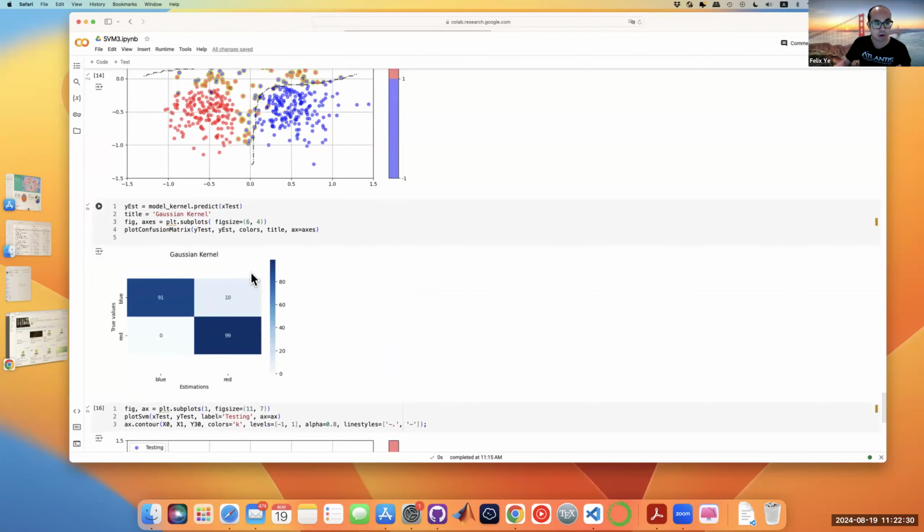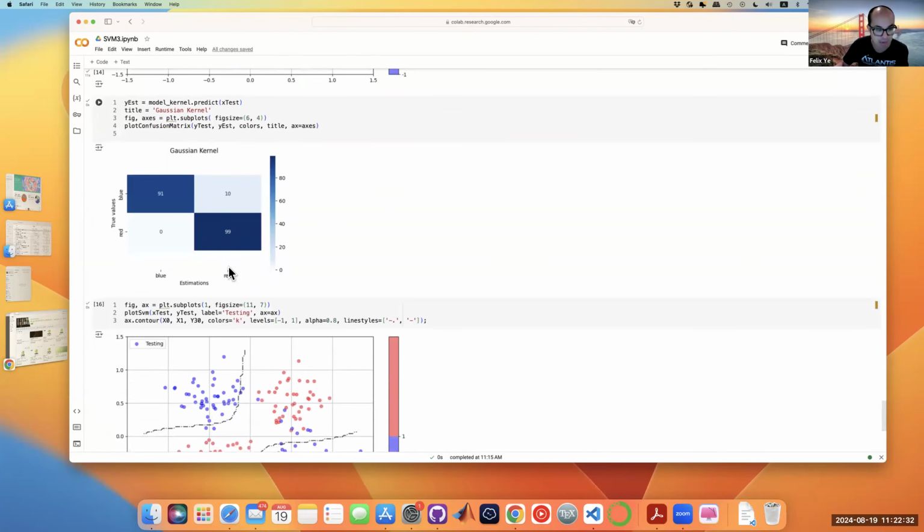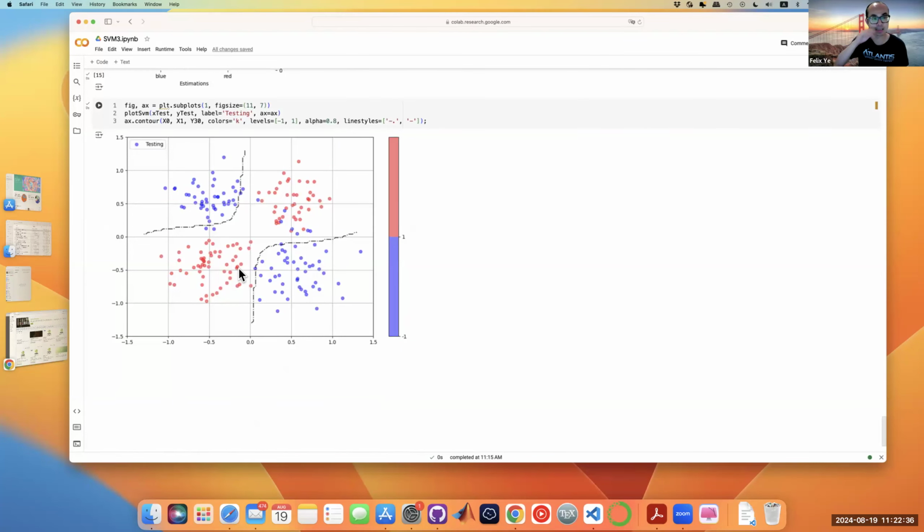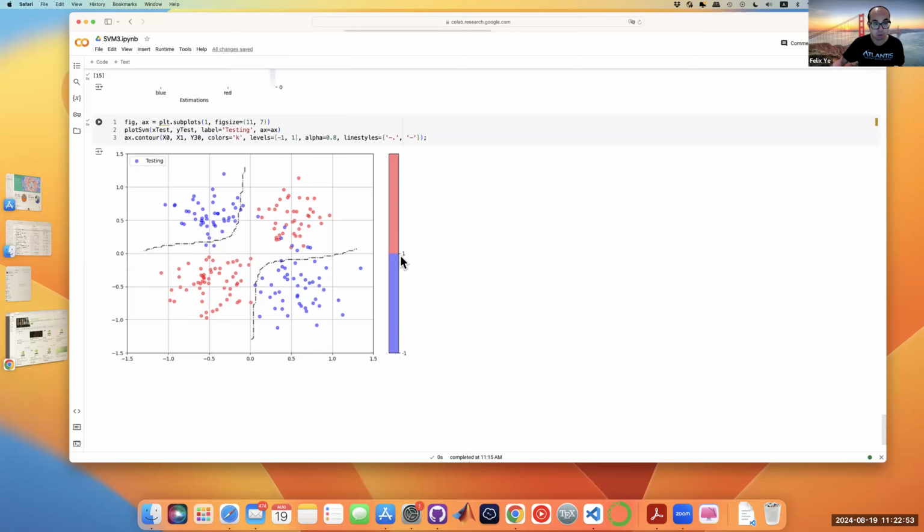On the other hand, with a Gaussian kernel SVM, we get about 90% accuracy on the testing data set. And by the way, we haven't done any hyperparameter tuning. If we tune the parameters, this will be significantly improved. But of course, this is quite a difficult data set to work with.